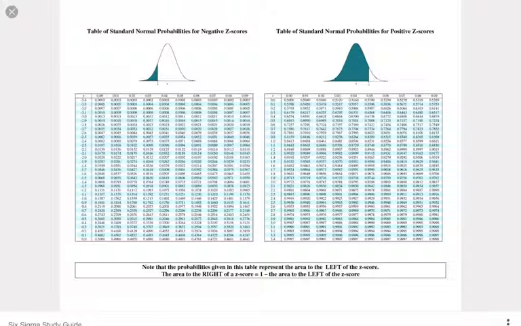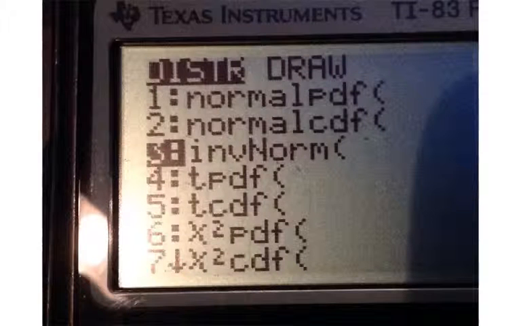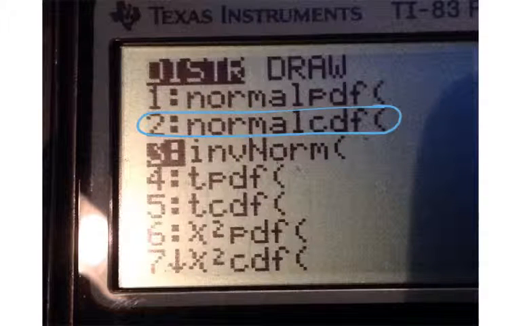As we do these next set of problems, we're going to stick with mainly inverse norms and normal CDFs with a lot of our normal curve calculations. If you follow the light blue, here is your normal CDF.